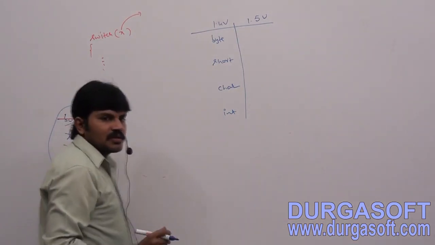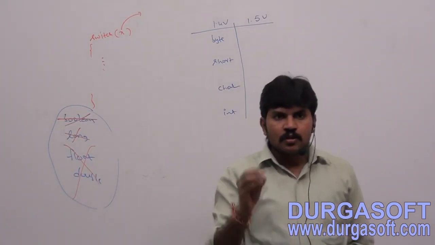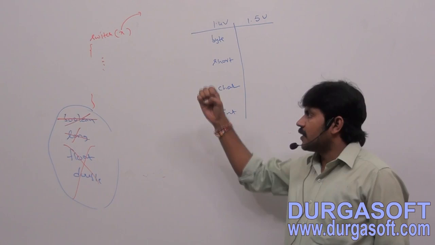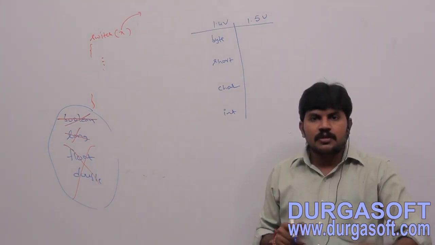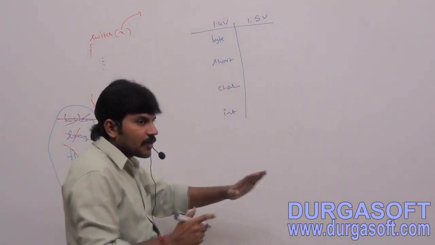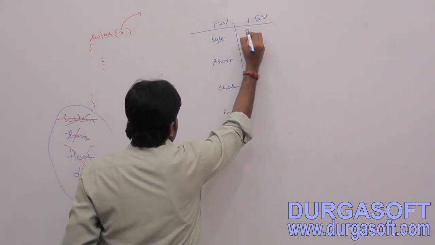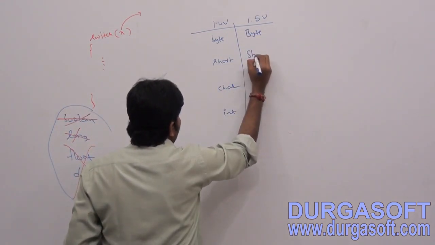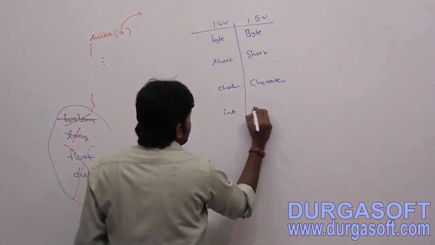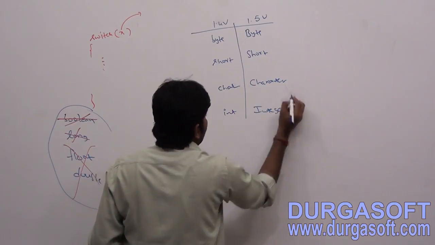Because of auto unboxing, there is no difference between primitive and wrapper object. That's why in the place of primitive you can use wrapper object, and in the place of wrapper object we can use primitive. The corresponding wrapper classes: Byte is allowed, Short is allowed, Character is allowed, Integer is allowed.